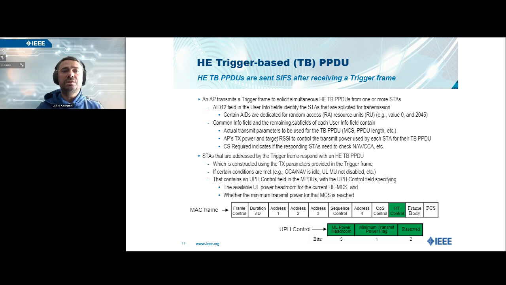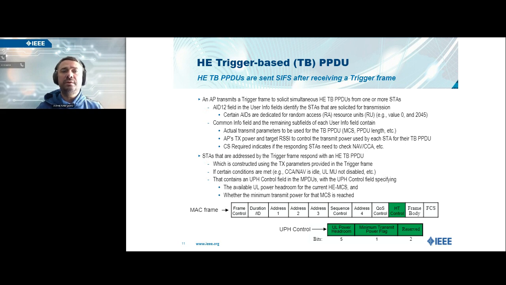But the HE trigger-based PPDU essentially is prepared by the station relying on the information that it is decoding in the trigger frame, and essentially on the user info fields that are addressed to that particular station.